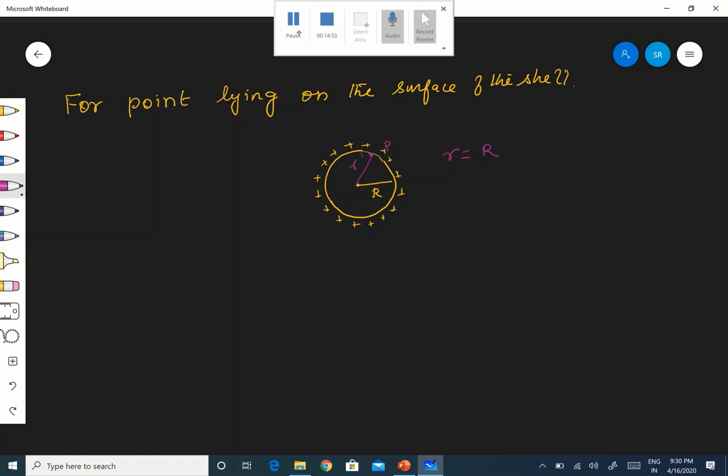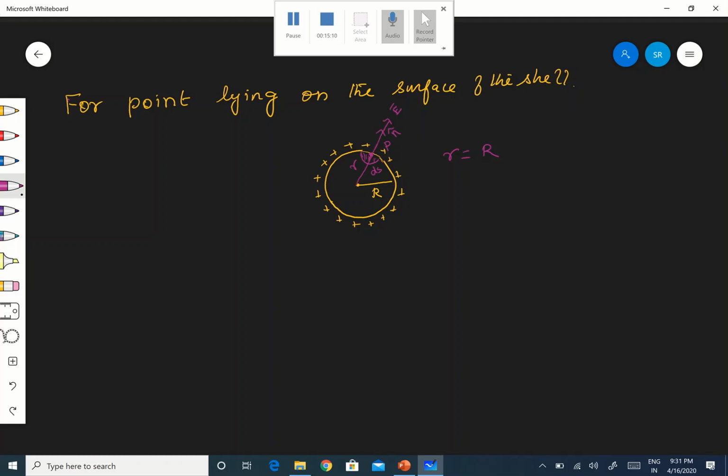Now take a small ds. What will be the direction here? The direction of E will be in this direction, and the ds unit vector will be in this direction.